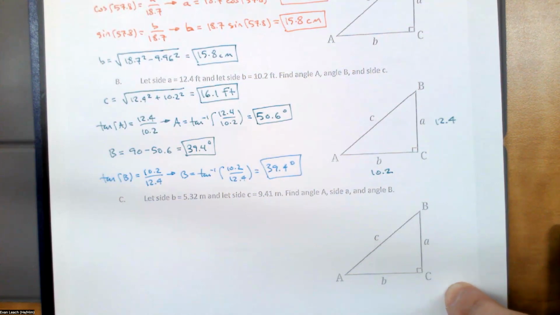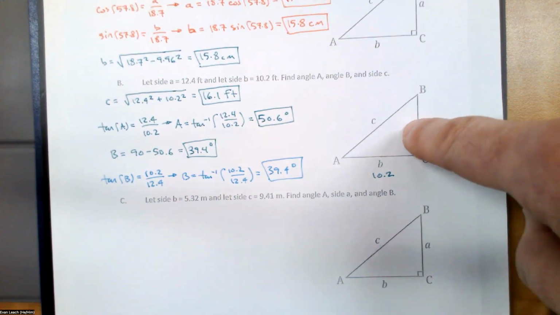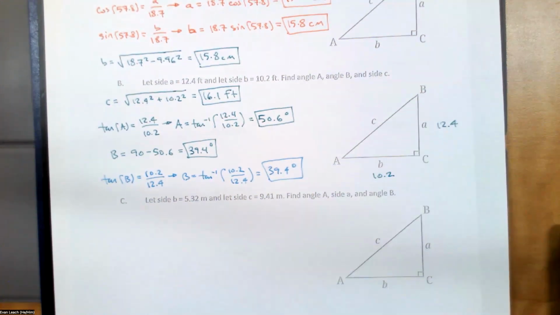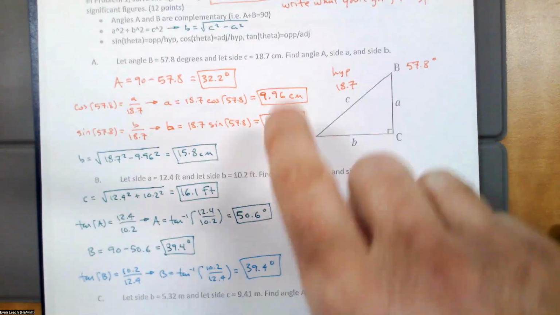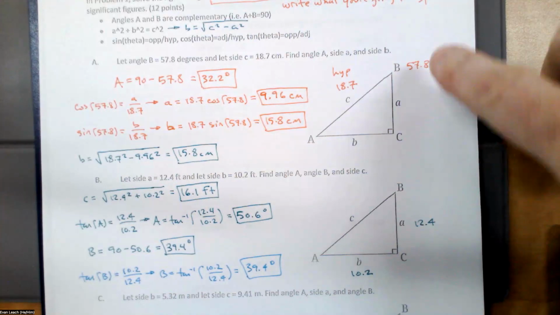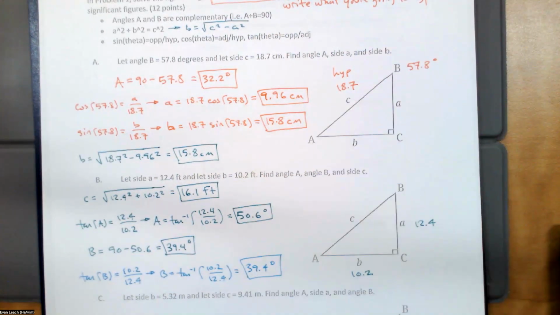In C, I know the hypotenuse. In part B, I know two sides, don't know the hypotenuse. In part C, I know two sides, one of them is a hypotenuse. So that makes it a slightly different problem. In part A, I had an angle and the hypotenuse. The problem that we had last time, we had an angle, not hypotenuse.